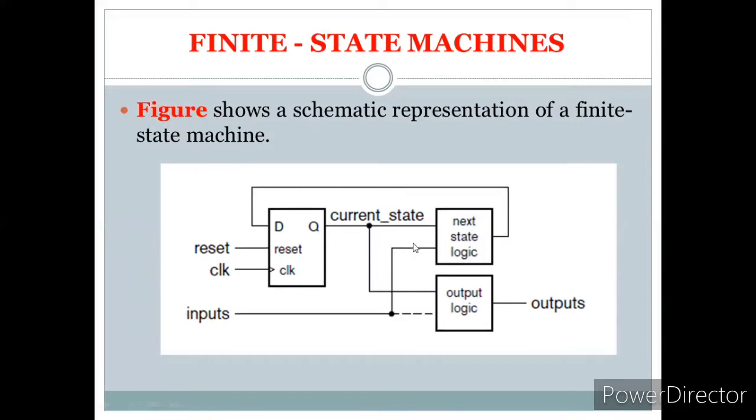Depending upon the input and the current state, the transition function generates the next state logic to the flip-flop. As we know, a flip-flop stores the information, so the next state becomes the current state in the next clock cycle. Next, depending upon the input it is receiving and the current state logic, it is either a Mealy machine or a Moore machine.